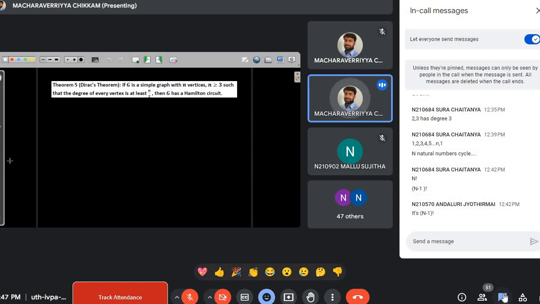Now, there is a sufficient condition for existence of a Hamilton circuit. You take a simple graph with n vertices, where you have more than 3 vertices, such that the degree of every vertex is at least n by 2. It means, for example, if I take a graph with 4 vertices, make sure that the degree of every vertex is at least 2 or more.